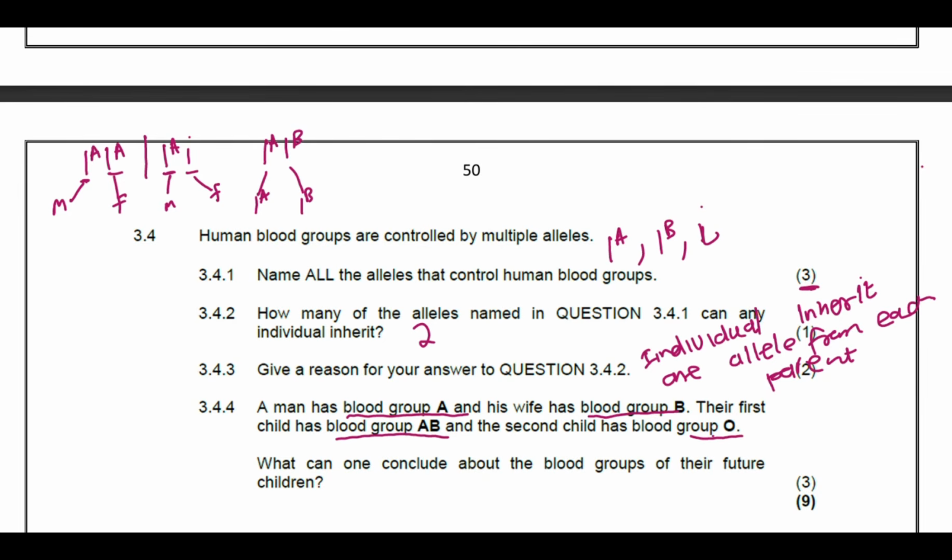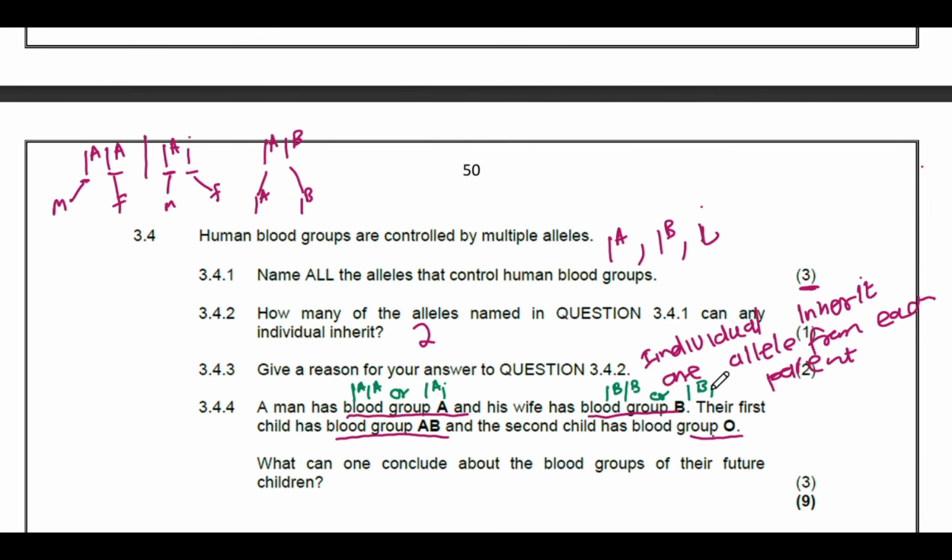There are 2 possible genotypes for blood group A. This man can either be homozygous dominant for blood group A or heterozygous for blood group A. Then the wife is blood group B. Also, the wife can either be homozygous for blood group B or heterozygous.